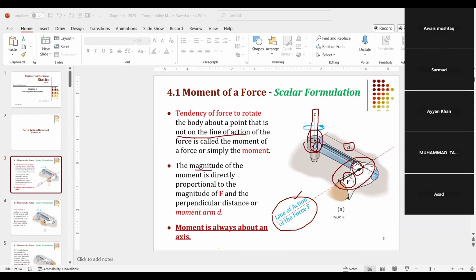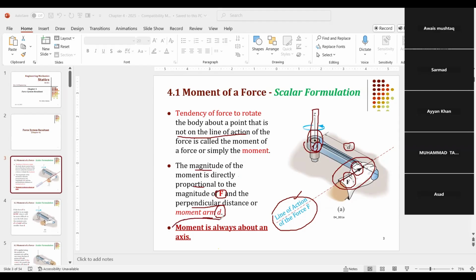So the magnitude of the moment is directly proportional to the magnitude of the force. Means if you increase the force, the moment will increase, and it also depends directly on the perpendicular distance, or moment arm, called d. Means if you increase F or if you increase d, in both cases, the moment will increase.